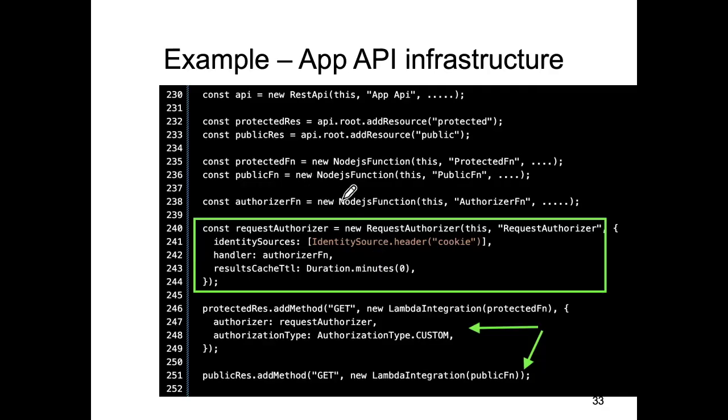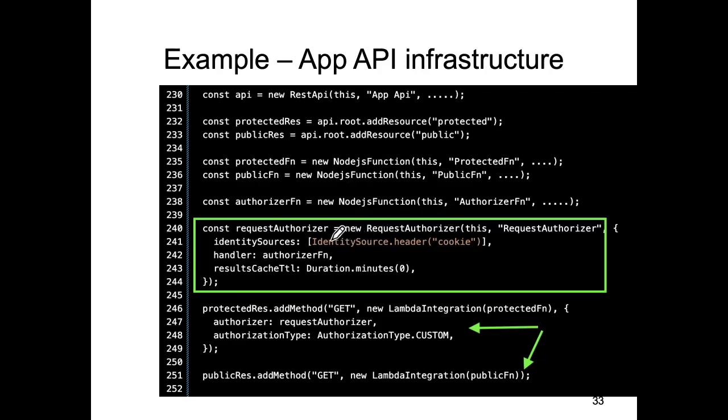And so I need to do some extra work to make this lambda play the role of my authorizer. And so from a CDK point of view, this is what's going on here. You have to create an instance of what the CDK calls a request authorizer. So it's just a new L2 construct.